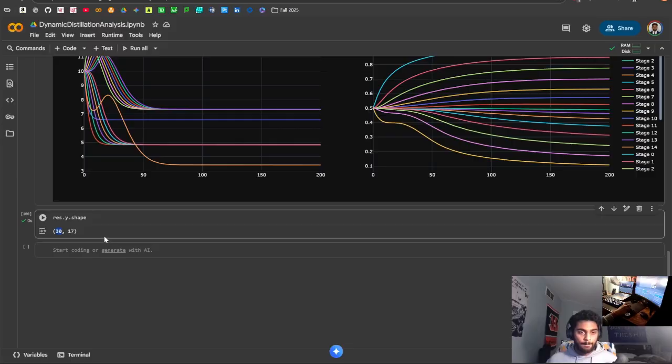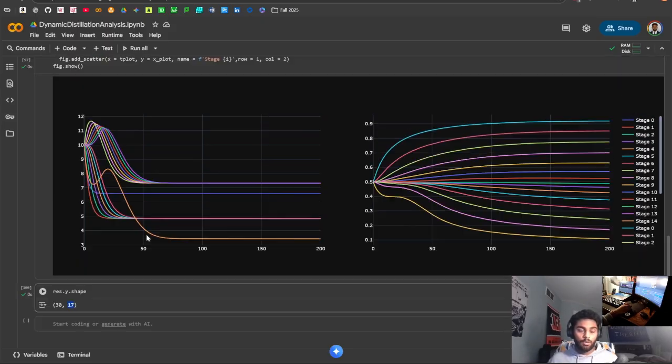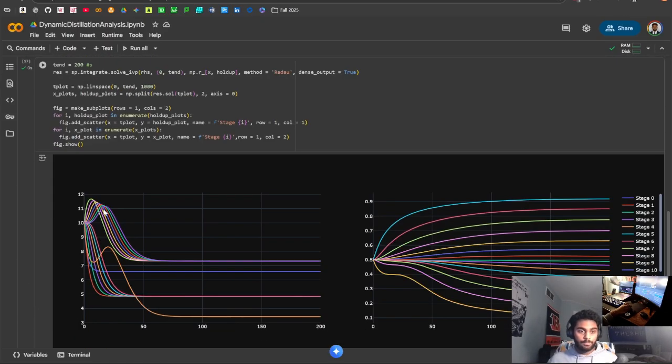So our 30, half of that is going to be our x's, and half of that is going to be our molar holdups. And 17 is the amount of time steps that our differential equation solver chose to solve our function over.